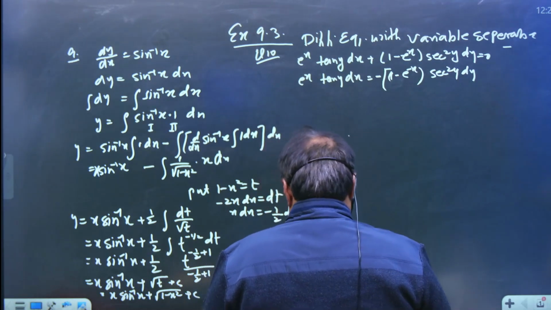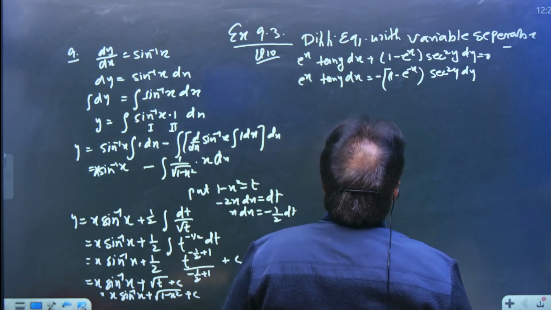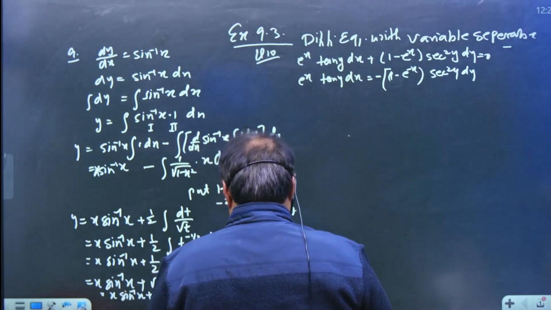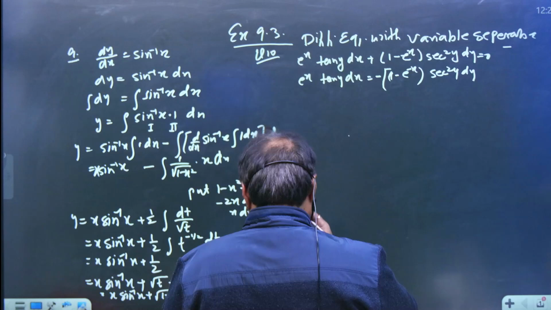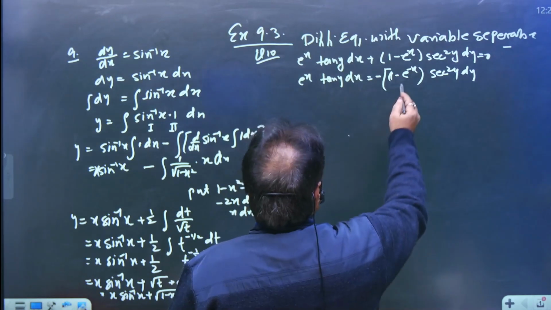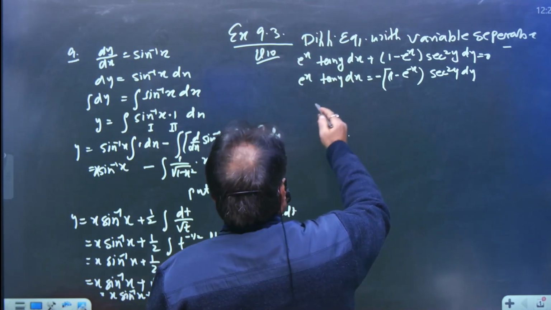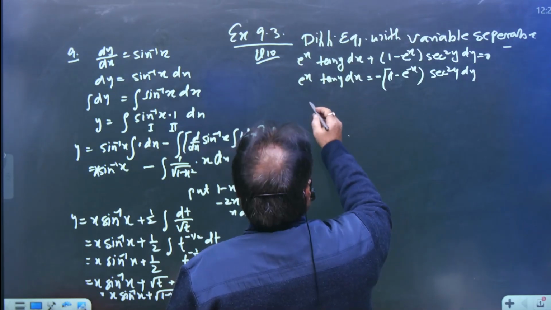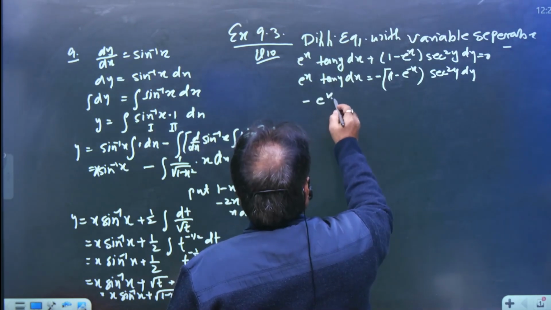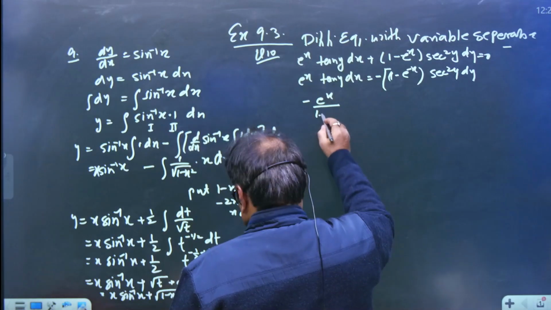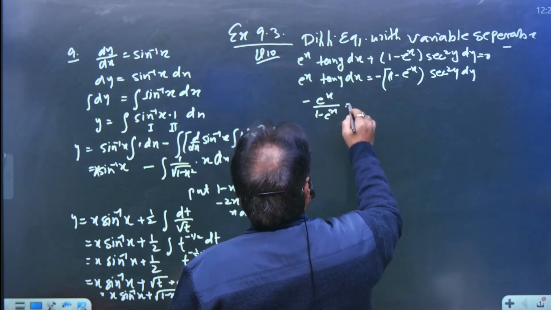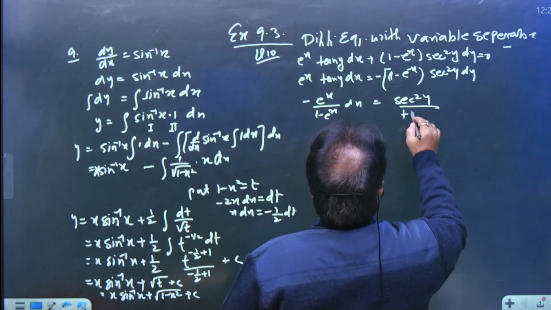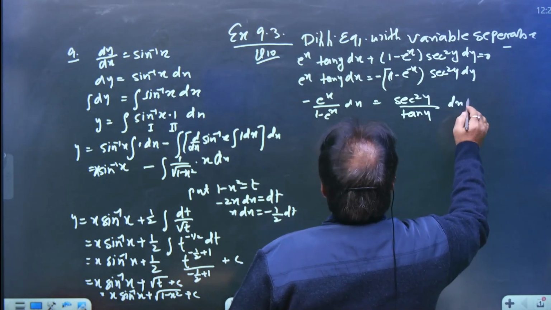Okay, and now apply the variable separable rule. So variable separable means it should be equal to minus of e to the power x upon 1 minus e to the power x dx is equal to sec square y upon tan y dy.